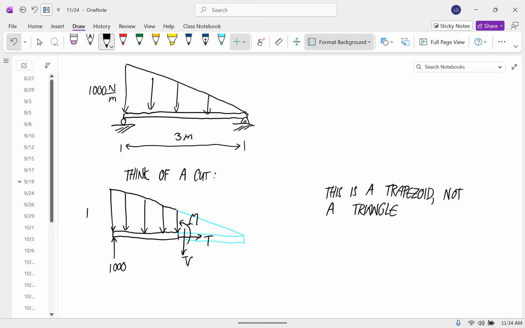You know the height of it. It's not impossible. I used to make people learn how to do this, but it takes a while and it's tedious.